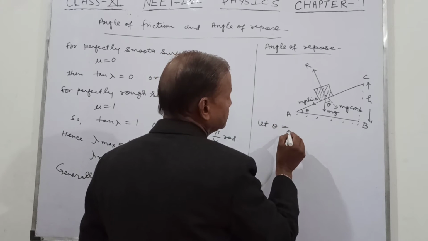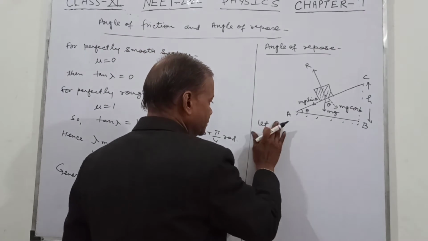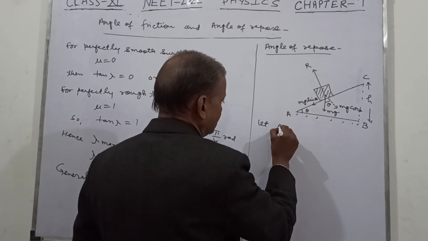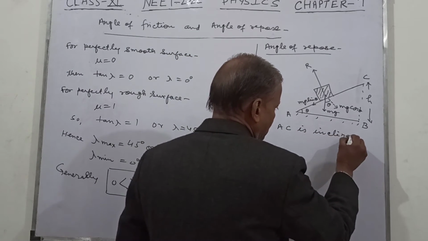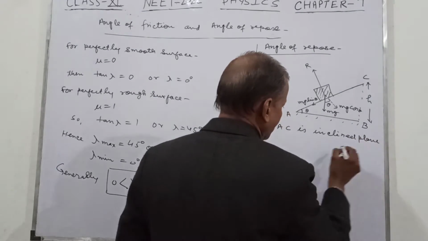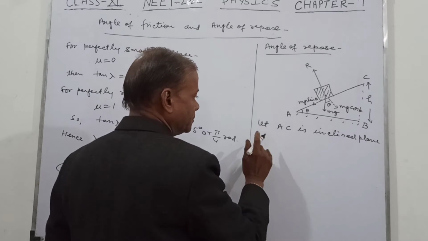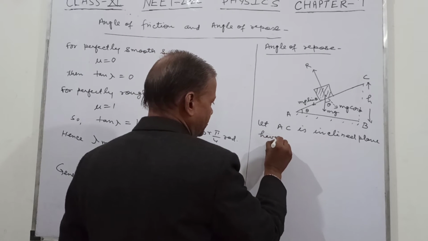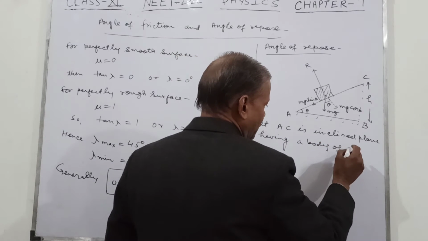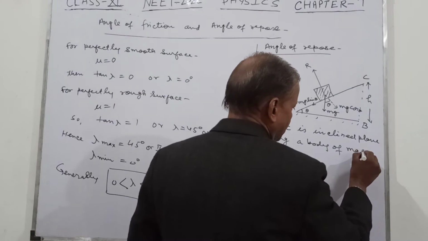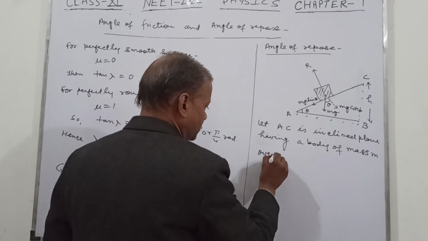Let theta be equal to... AC is an inclined plane on which we have a body of mass m over it.